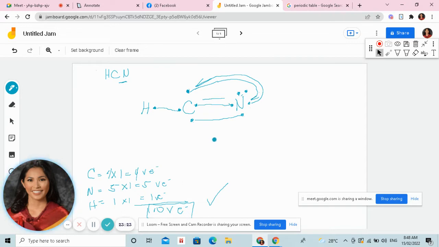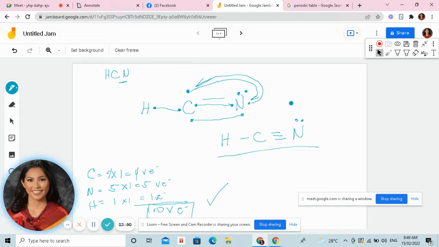So the final structure is we have a lone pair, HCN. Now let's count if it still follows the 10 valence electrons. We have 1, 2, 3, 4, 5, 6, 7, 8, 9, 10 electrons.